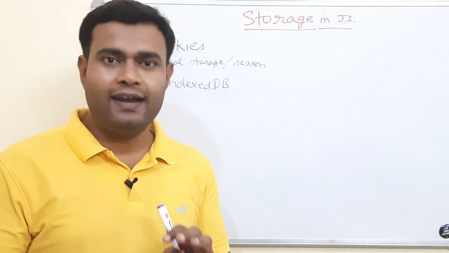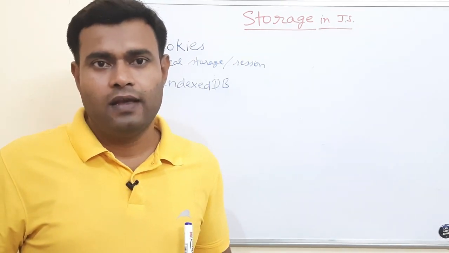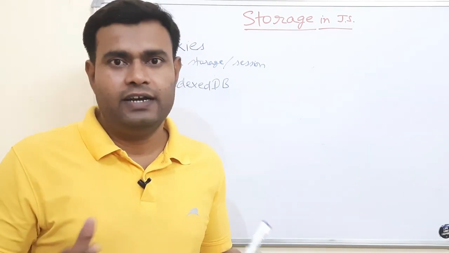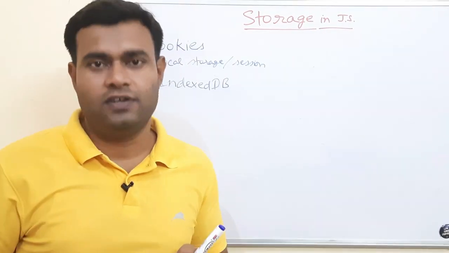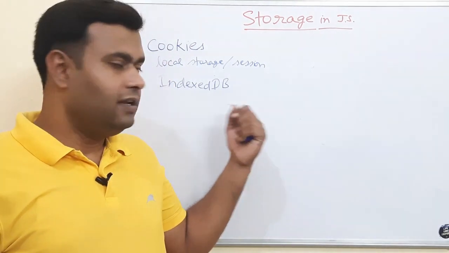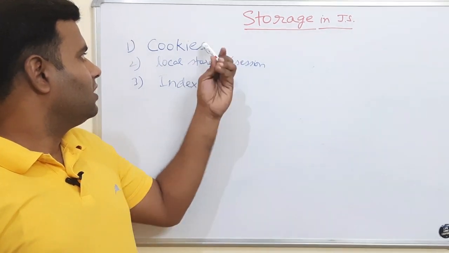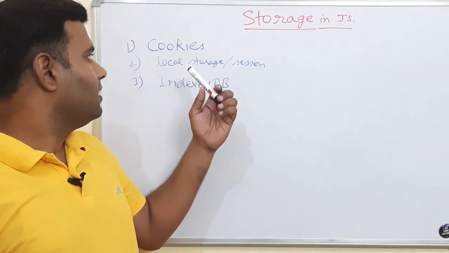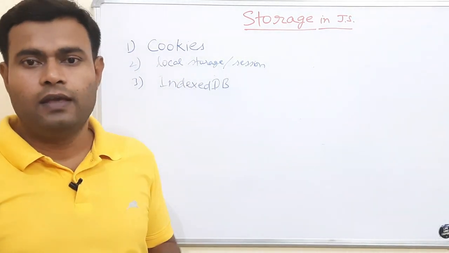Let's say when you add new content in the Google Doc, after your internet gets connected, then that data can be sent again to the server. So it is a very useful thing, and I'm sure now you have understood cookies, web storage, local storage, session storage, and IndexedDB.